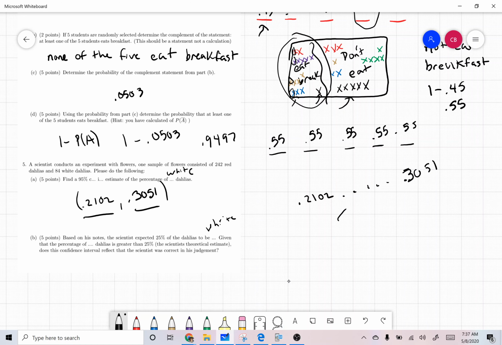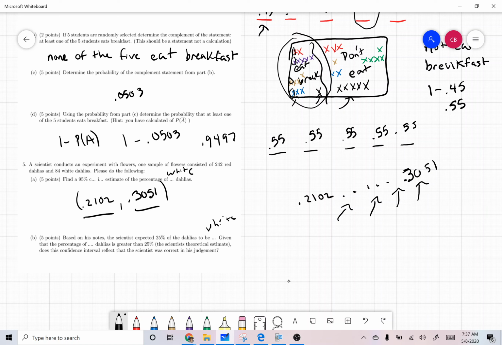Remember, a confidence interval tells you the true proportion falls somewhere between these two numbers 95% of the time because of the confidence level we chose. And so the true proportion should fall somewhere between there. Could be 24, could be 28.7, could be 28.023, could be 29.6, could be anything. However, they predicted 25. Well, 25 falls in that range, so that would indicate to us that the scientist may be correct in this instance.